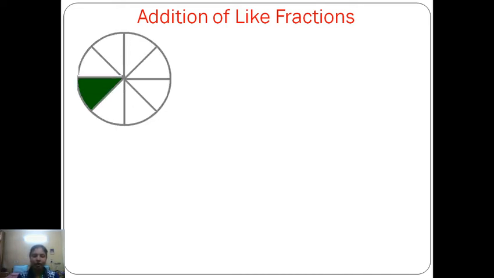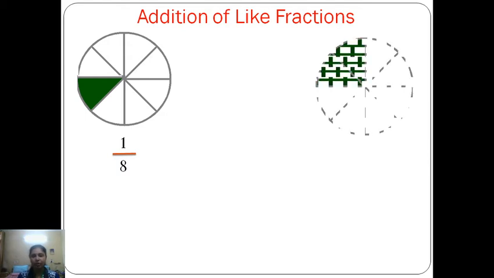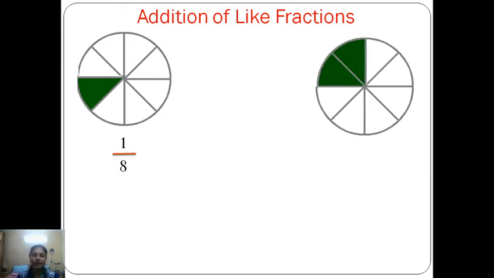So what fraction of the cake has she given to your father? 1 by 8. As usual, you are hungry and you love cake. So you ask for more parts of the cake from your mama. So she gave you 2 parts out of 8. So you can say 2 by 8 of the cake has been eaten by you.